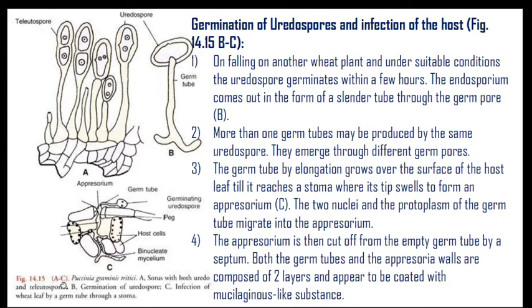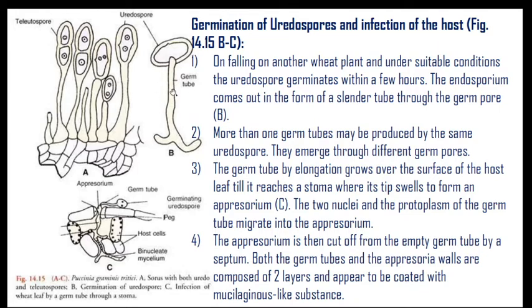So within this diagram here is the Puccinia graminis, which shows a diagram of a sorus with both Uredo and Teleuto spores. So this single circular body is nothing but a Uredospore, while this two nucleated structure is nothing but a Teliospore.